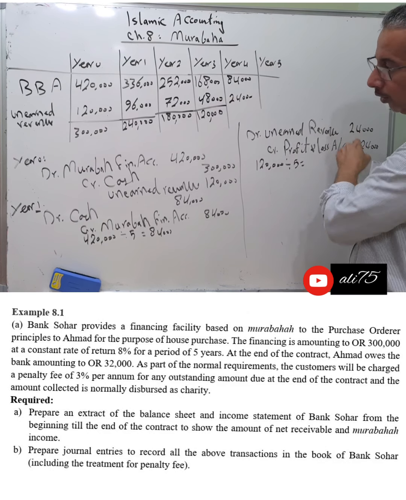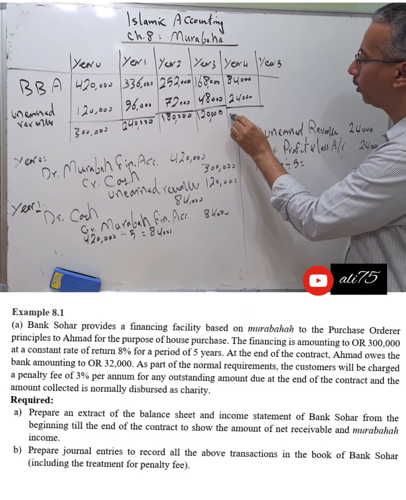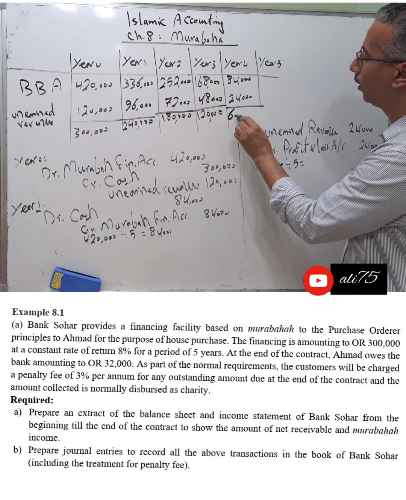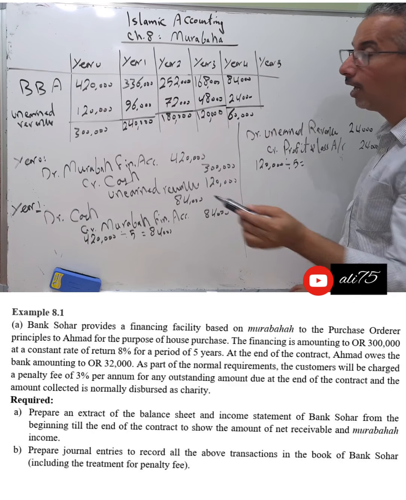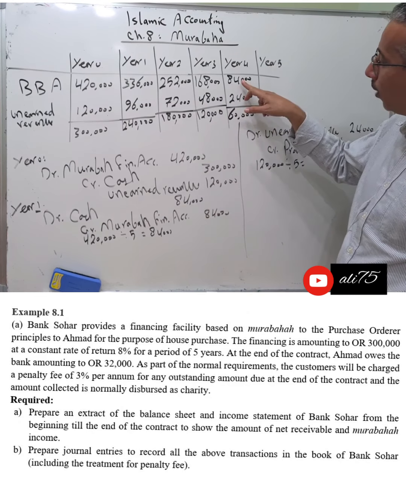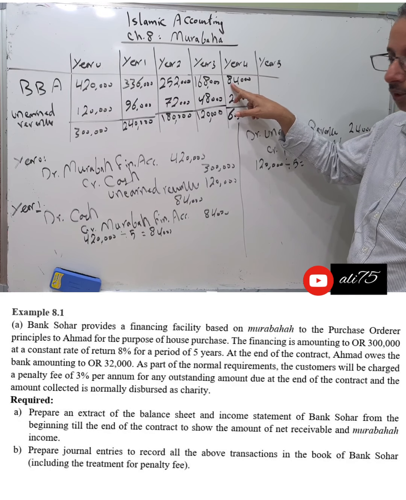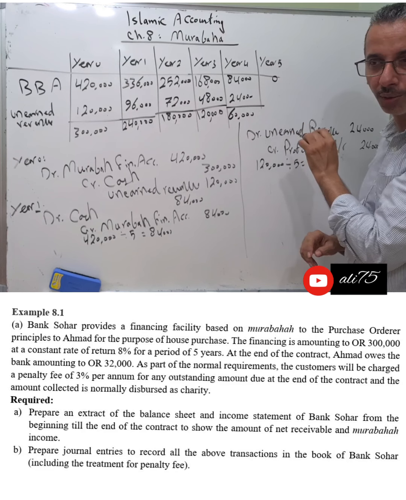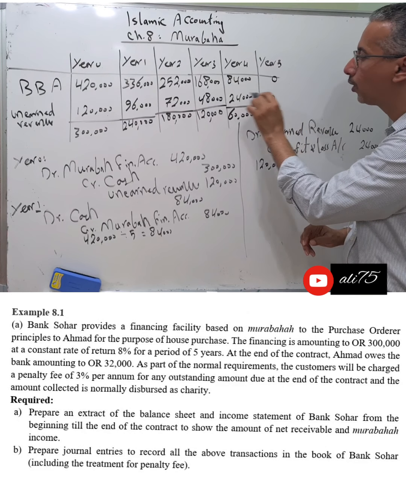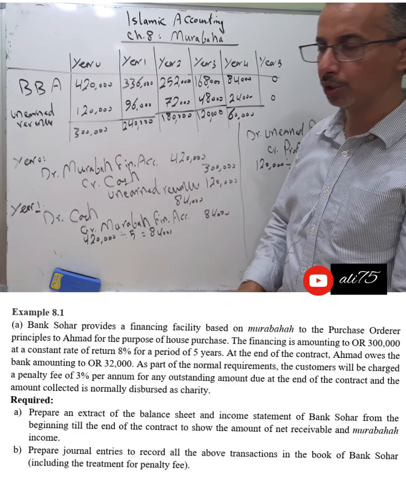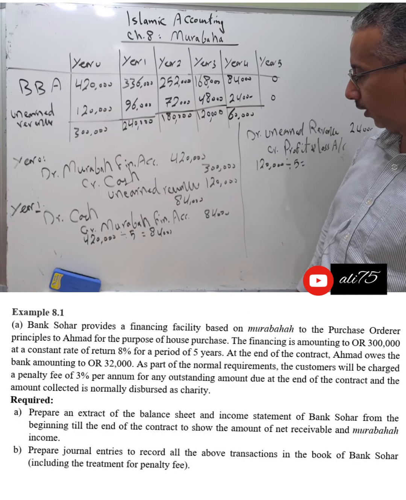After we reduce the 24, the remaining will still be 60,000. Yes. At the end of year 5, they will repeat the same amount, 84. Then at the end it will be 0, and also we will close the unearned revenue by the same journal entry. This is the journal entries for this case.